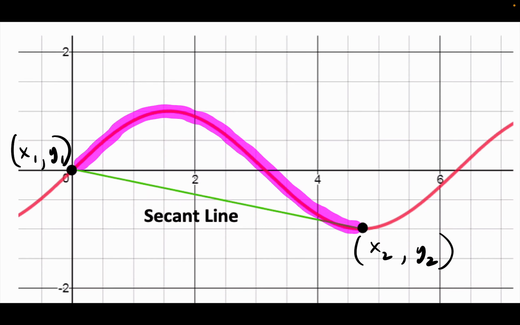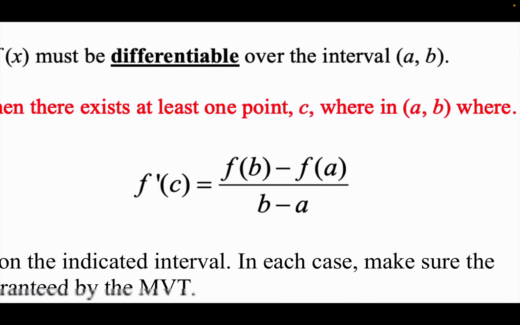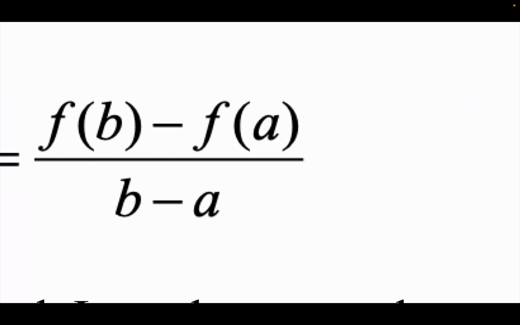That guy is this part right here. So this is y2 minus y1 over x2 minus x1. That's that side. Okay? So if you were to find the slope of that line that connects dot to dot, that's this side.